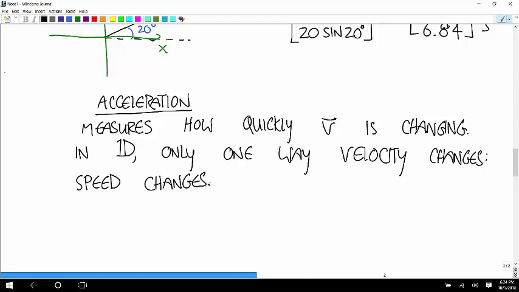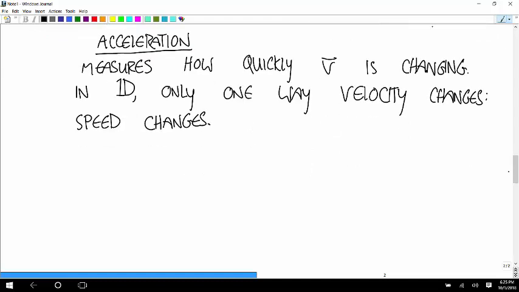There's a new thing in 2D that was not a thing at all in 1D. Remember, the velocity vector has a magnitude and a direction. Now, for the first time, we introduce the idea of turning. If the direction of the velocity vector changes, then the velocity vector is changing, and you're going to have acceleration.